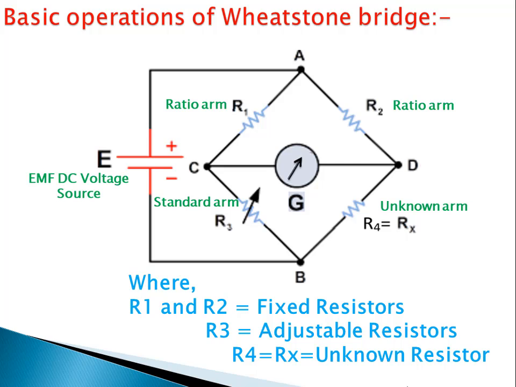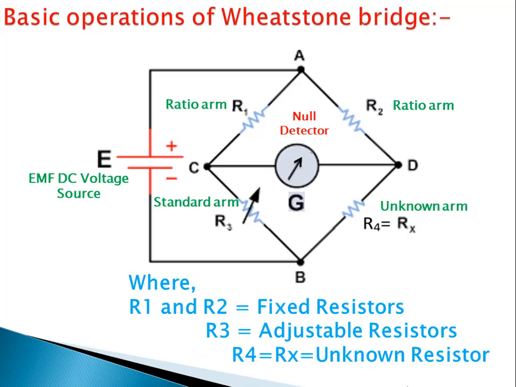Here you can observe that as an input voltage, an EMF DC voltage source is applied, which is directly connected to the opposite 2 junctions, that is A and B. Similarly, here the null detector or galvanometer is connected to the other 2 junctions, C and D.